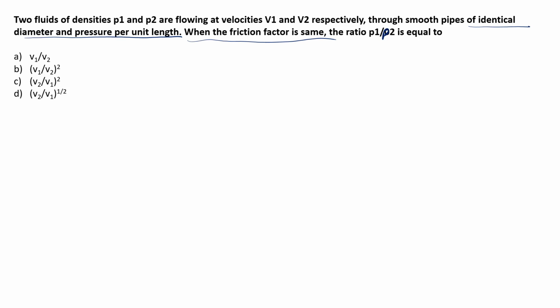So there is an equation which relates the pressure drop per unit length in terms of friction factor, density and velocity. That equation is delta P by L equal to friction factor times rho V square by D. Here D is the diameter.